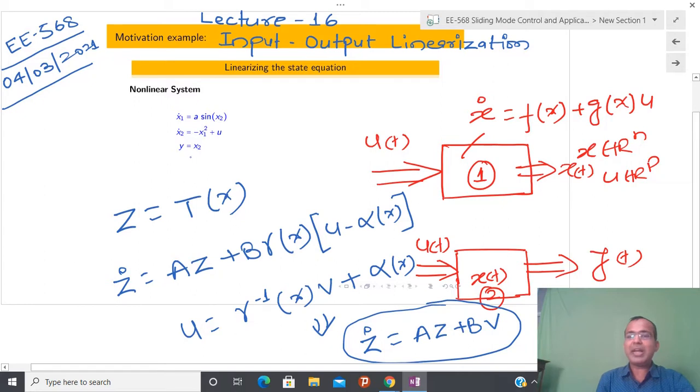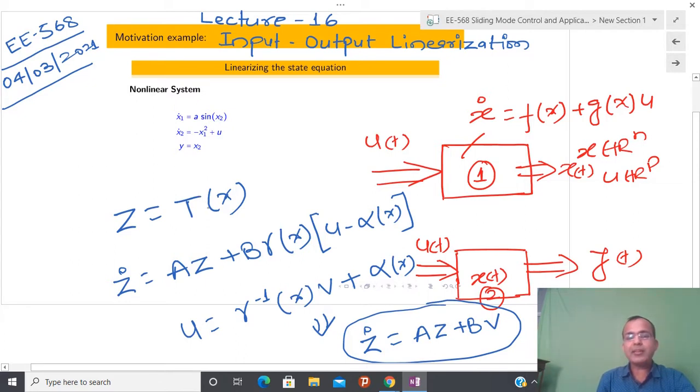So what I am saying is that using this transformation, and I still do not know how to define it, there exists some kind of transformation, and in the previous class I have already told you that we are assuming this transformation is differentiable as well as invertible, so that it satisfies the property of a diffeomorphism.